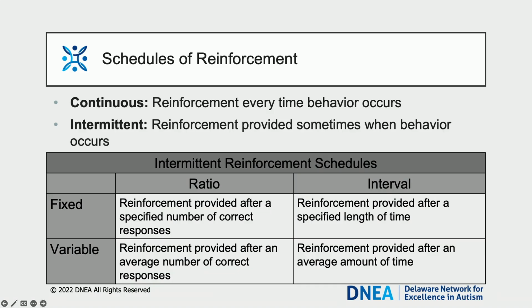And finally, in a variable interval schedule, reinforcement is provided after an average amount of time. So, as you can see, you need to select a schedule to match your plan for increasing time or requirements of behavior in order to receive reinforcement. Using a consistent and systematic schedule of reinforcement provides a structured way to thin reinforcement within a token or point system.